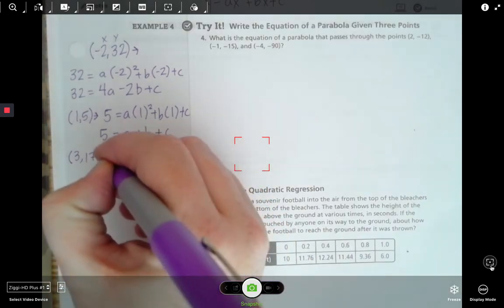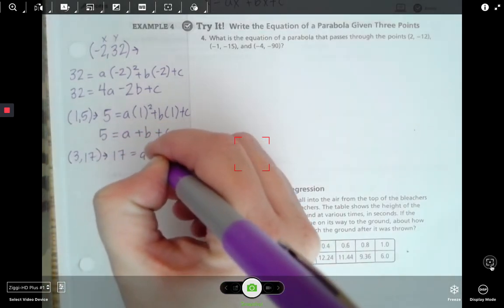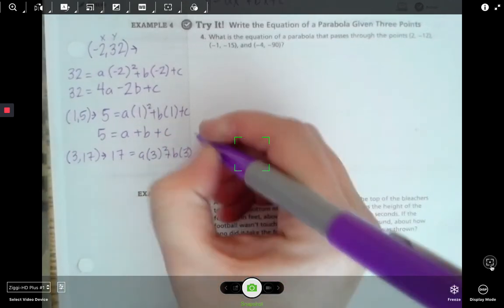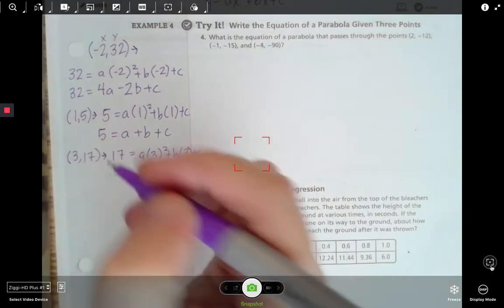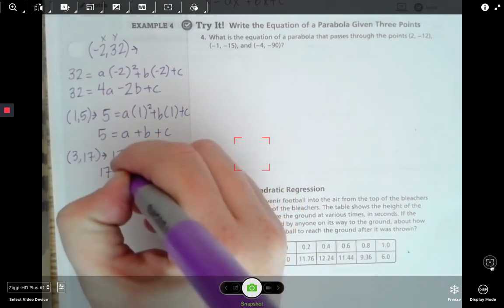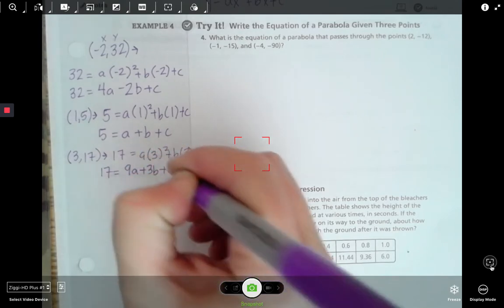We're going to do the same thing. 17 is equal to a times 3 squared plus b times 3 plus c. So my answer here would be 17 is equal to 9a plus 3b plus c.